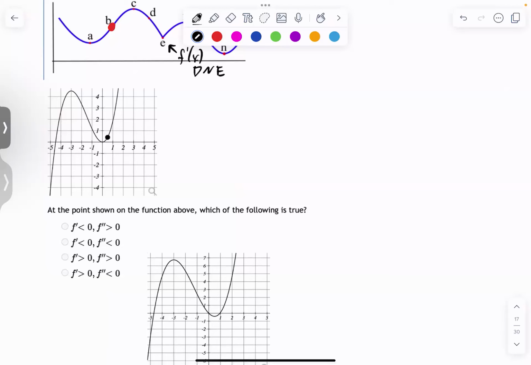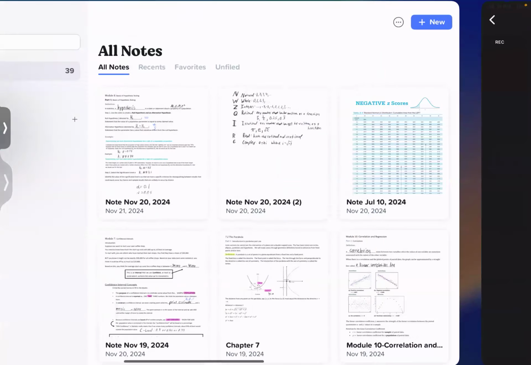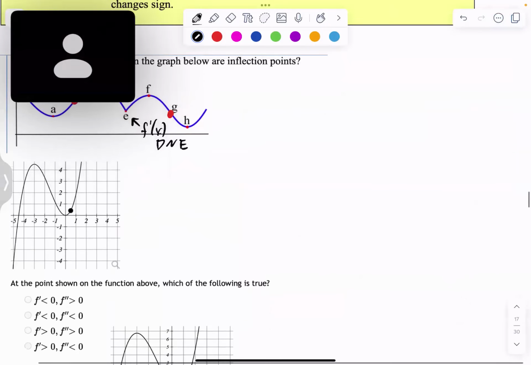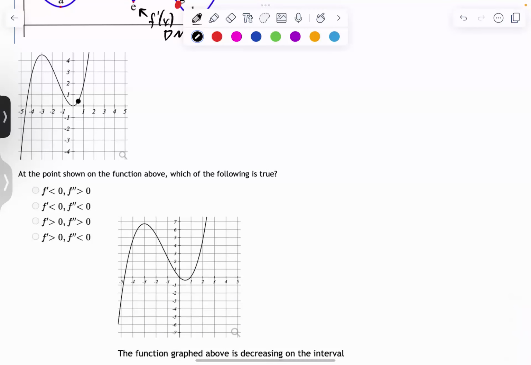All right, so we have a graph, and it says at the point shown on the function above, which of the following is true? Sorry about that. All right. The point here, we are in concave up, where that point is.